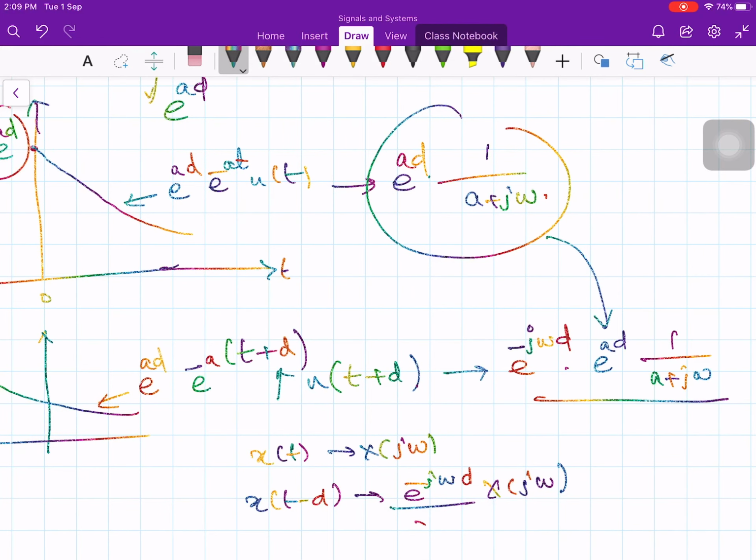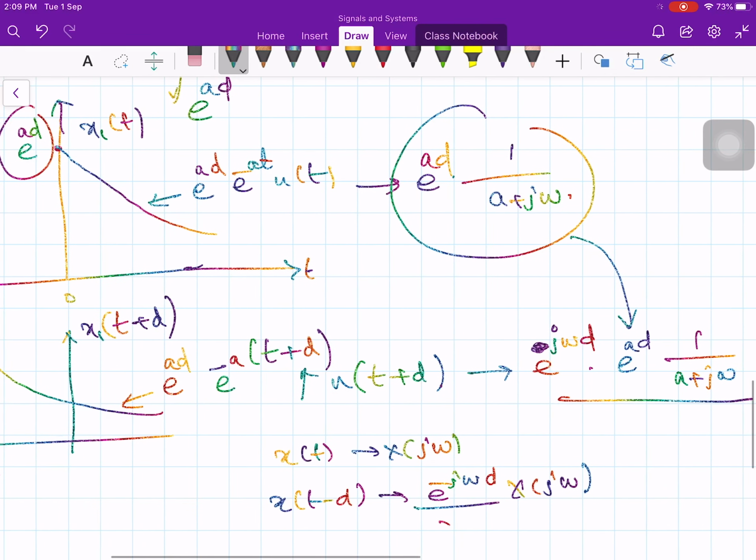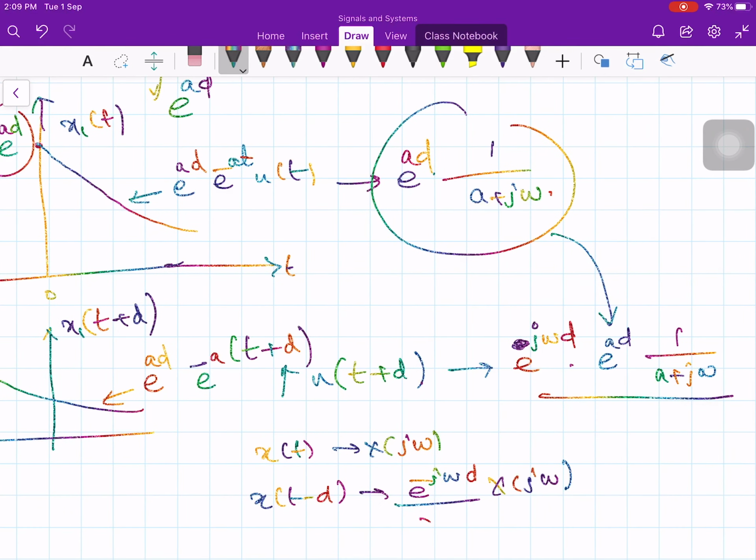This is my original signal x1 of t, and this one is x1 of t plus d, advanced in time. If it is advanced, then this would be plus e to the plus j omega d, e to the ad divided by a plus j omega.